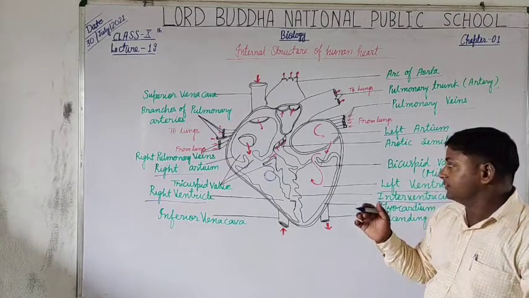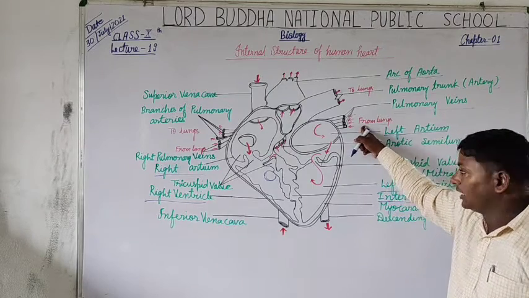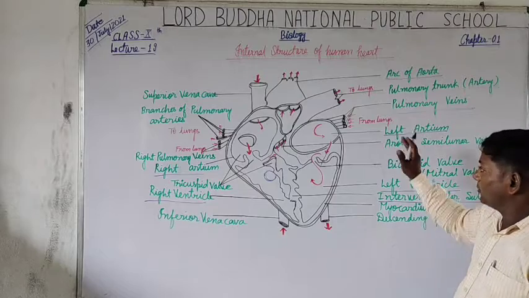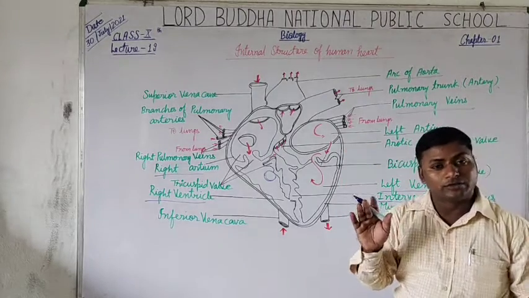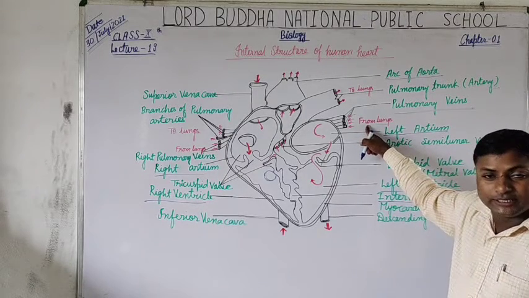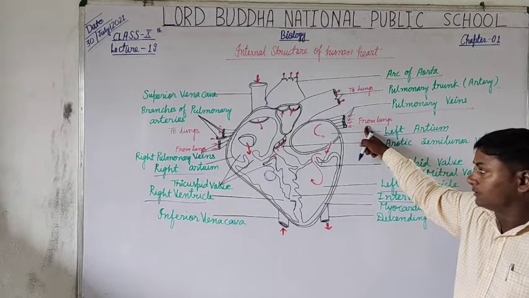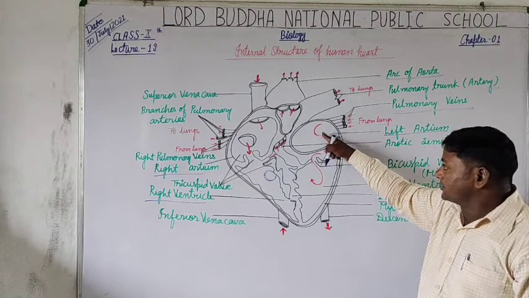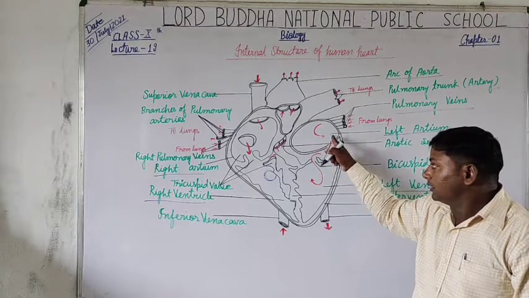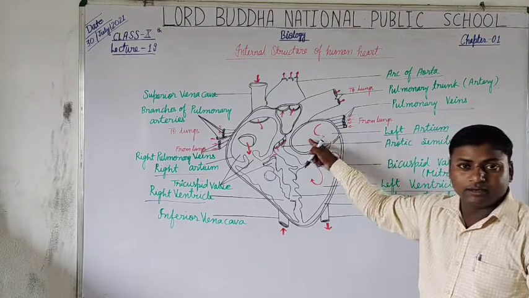After the oxygenation, the blood is received from the lungs with the help of pulmonary veins, and pulmonary veins always carry oxygenated blood because they receive the oxygenated blood from the lungs and it leads into the chamber that is called the left atrium or auricle.